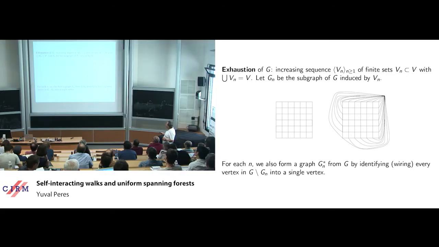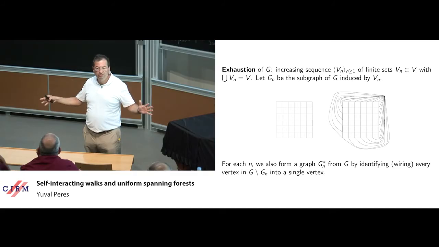You pick a uniform spanning tree in this wired graph, and then you pass to the limit. In general, these can give different limits, but in amenable graphs, and in particular in Z^d, they give the same limit. We're going to work now in Z^d, so this limit is called the uniform spanning forest, wired or free. In this case, it's the same, so just uniform spanning forest.